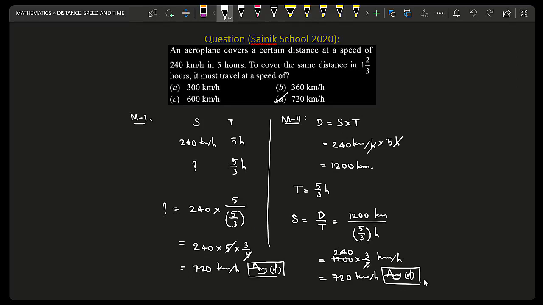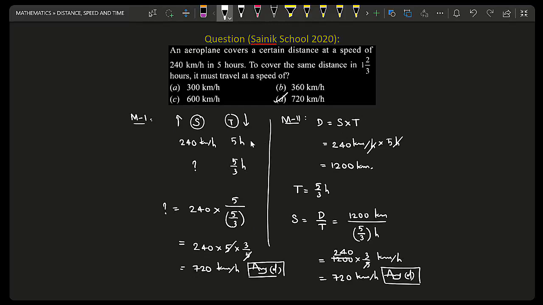Very good, excellent answer. Speed and time, with the same distance: when you reduce the time by some number of times, the speed will increase by the same number of times to keep the same product. Speed and time are always inversely proportional. If one increases, the other decreases, so the product will be constant.